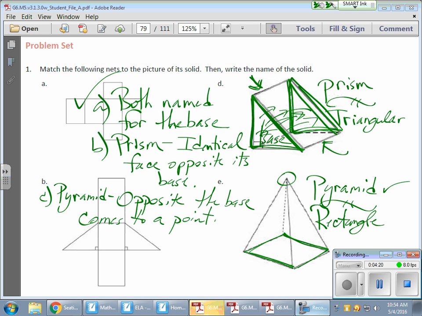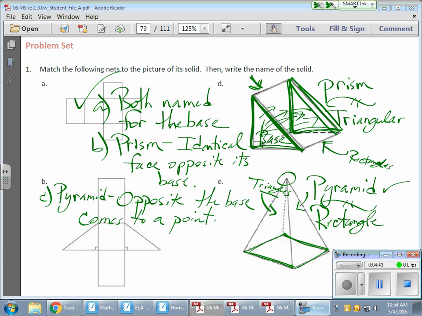So that's what makes a pyramid. And you'll notice the faces on the pyramid that create that connecting are triangles. All right, so we have rectangles over here, and we have triangles over there. And that's basically it.